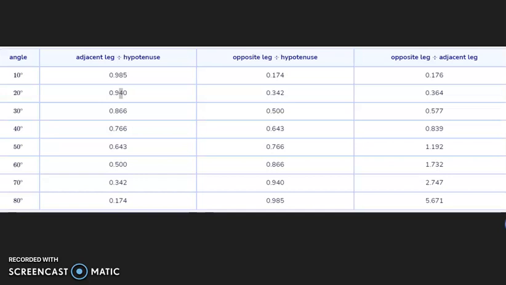Again, if your table is incorrect, I ask you to fix it, and there may be a slight difference in our answers compared to the company's answers by a thousandth.